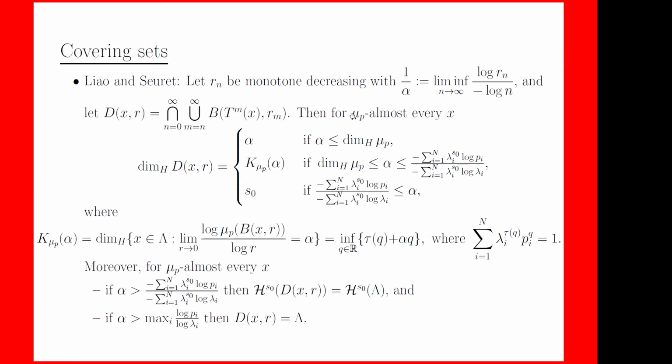And depending on alpha, you get this weird result. Namely, if you choose your center point x, who is wandering around, according to the measure mu p, then for almost every x, the Hausdorff dimension of this random covering set is alpha until alpha reaches the Hausdorff dimension of this mu p measure. Then it will be the multifractal spectrum of the local dimension of this measure mu p until this quantity, whatever this quantity is at the moment.